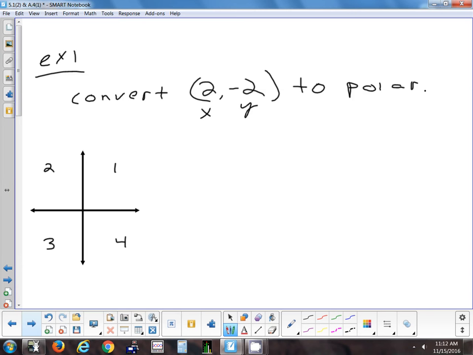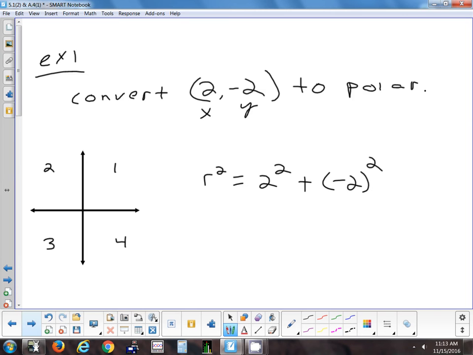Radius, okay. So John, can you tell me how to set up the formula to find the radius? R squared equals 2 squared plus -2 squared. Yep, perfect. So you're just using the Pythagorean Theorem where the two sides of the triangle are both 2.